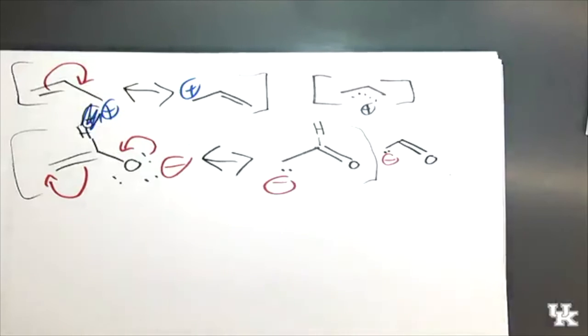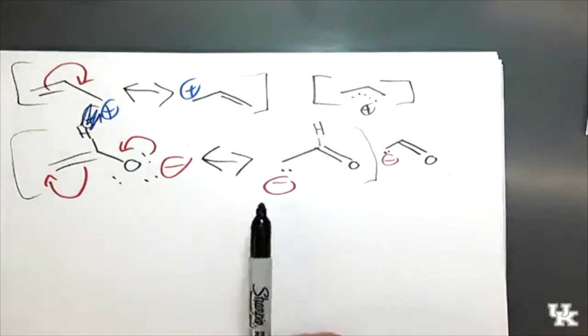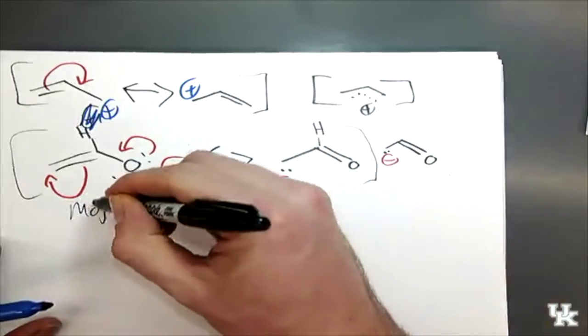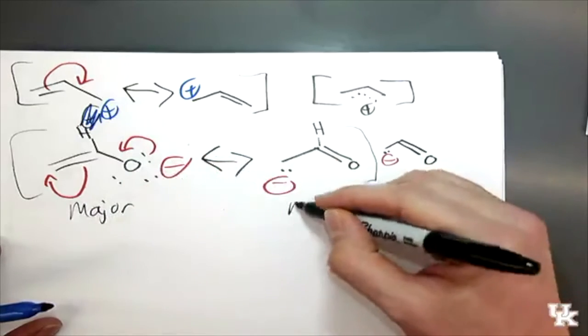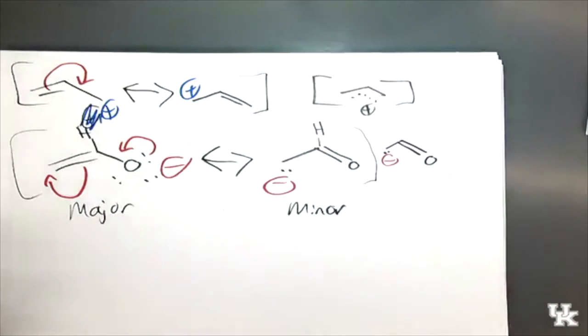Okay, moving on. Between these two, there's an electronegativity difference. And we already know that the oxygen wants the electron more, and it is in fact the major contributor. But what we're trying to talk about now is how to condense all of this information into one resonance hybrid.